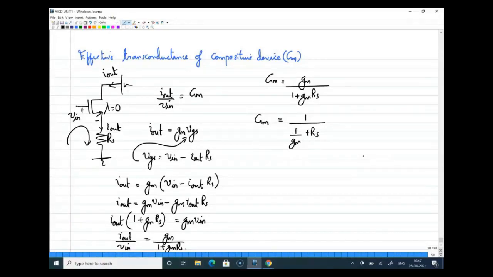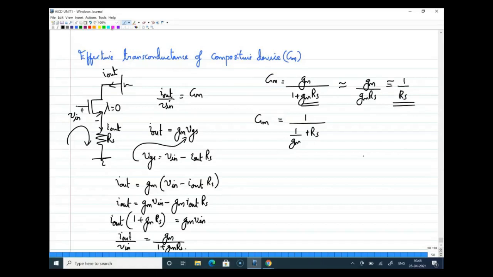So we know that this 1 by gm term is very small, or you can do this approximation: if your gm RS term is very large compared to 1, the denominator can be written as just gm RS. So this is approximately equal to 1 by RS.